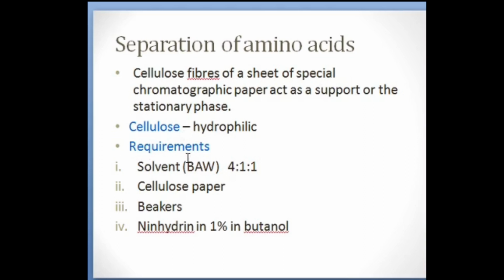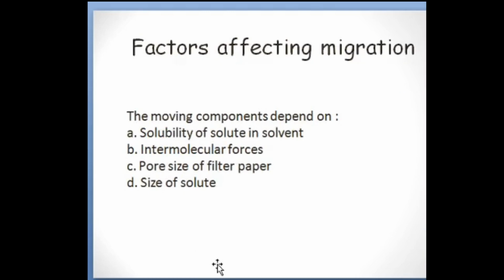Then we will require the solvent, the beakers, and the stain that we use is ninhydrin in 1% butanol. Now, what are the various factors that affect this migration? This depends on the solubility of the solute in the solvent, the intermolecular forces, the pore sizes of the filter paper, and the size of the solute.